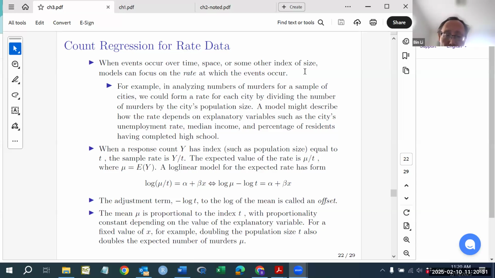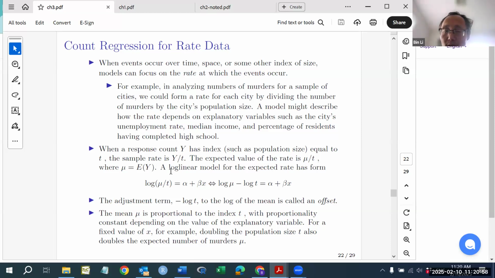When a response count Y has an index such as the population size equal to a certain value, let's say we use T, then the sample rate is Y over T. That's the rate. Y is the count, Y over T is the rate. So the expected value for the rate is mu over T.